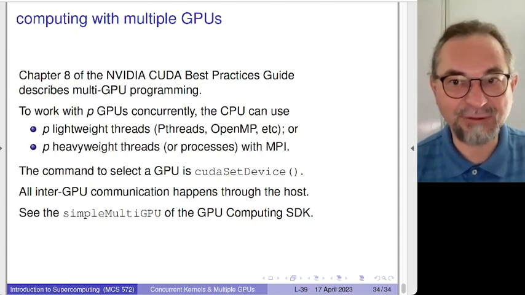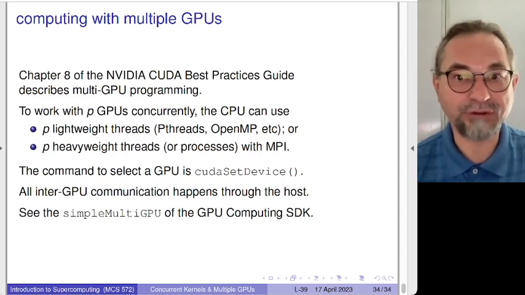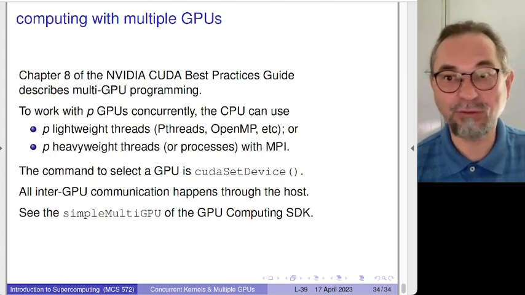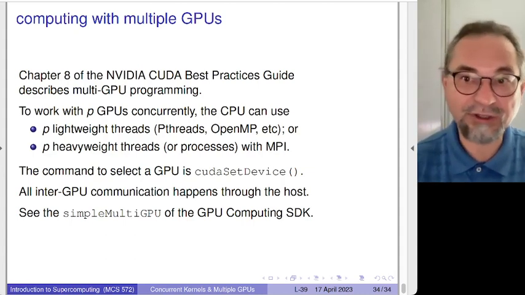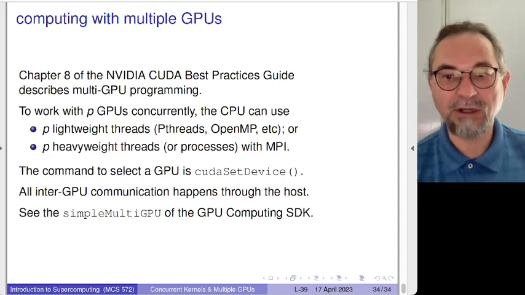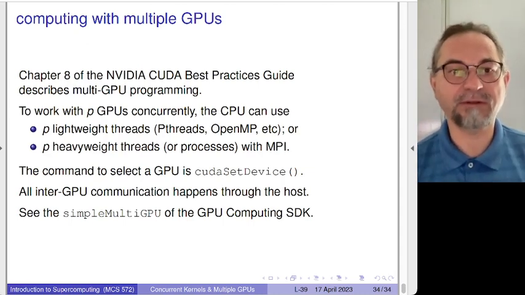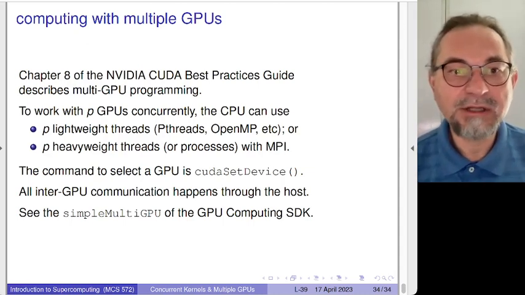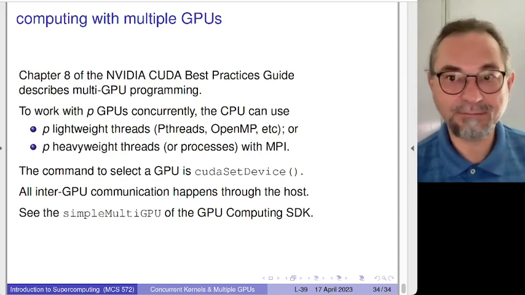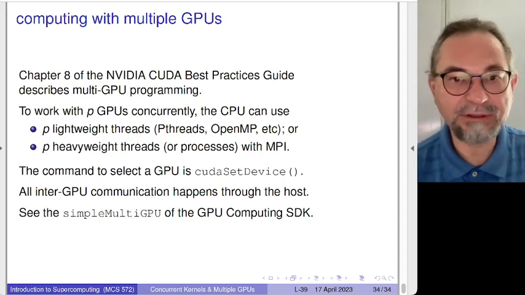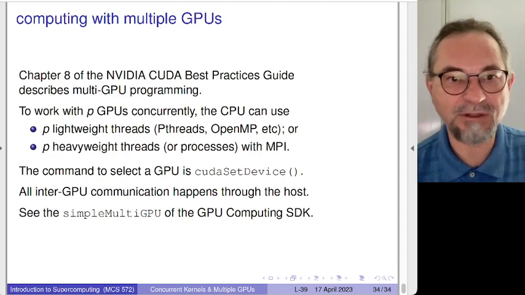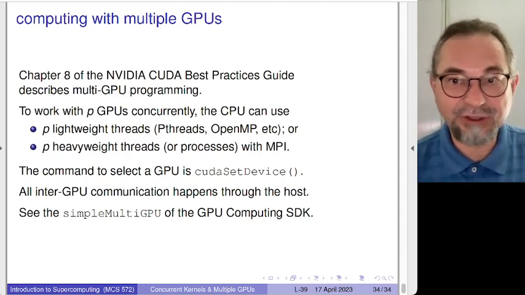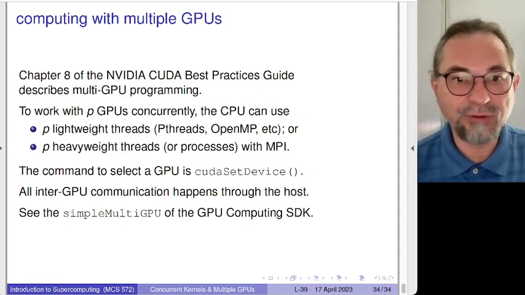If your program is not thread safe, then you can resort to processes, also called heavyweight threads, where every process can have its own heap of allocated memory. These are the tools that we have. So you can select from the beginning which GPU you would like to use.